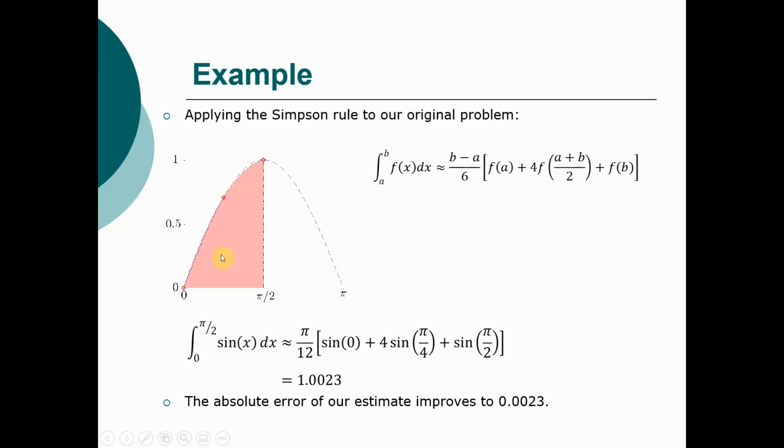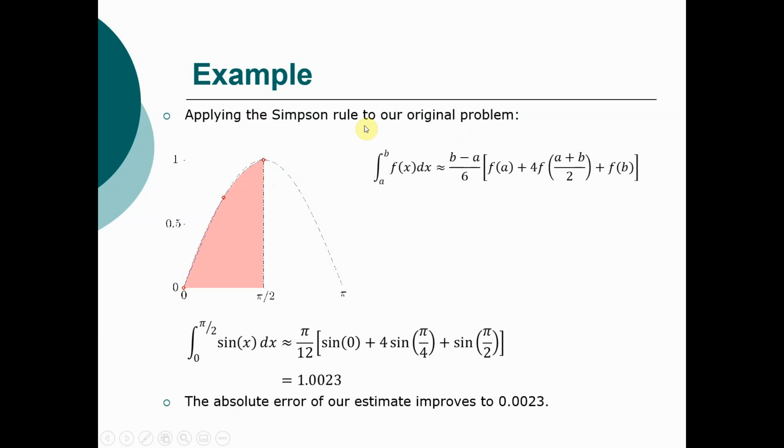Which is pretty good. But you have to do more calculation, right? In the midpoint rule, we just had to find the value of the function at the midpoint. In the trapezoid rule, we had to find the value of the function at 2 points, the 2 terminal points.